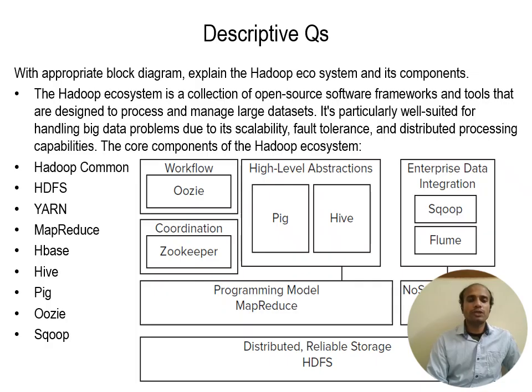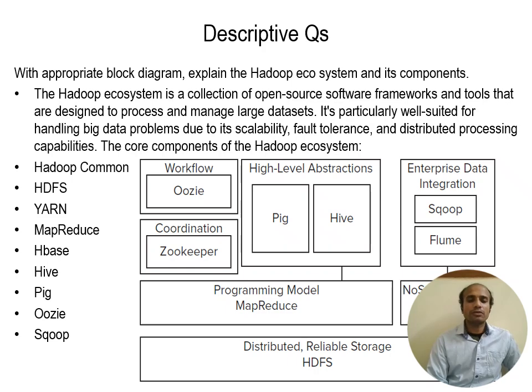You have to begin with Hadoop Common, then the Hadoop Distributed File System, and then YARN, which is Yet Another Resource Negotiator.